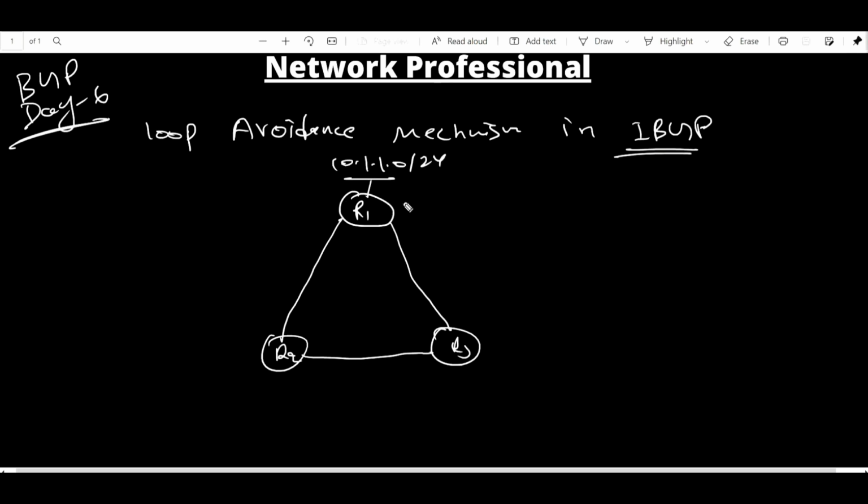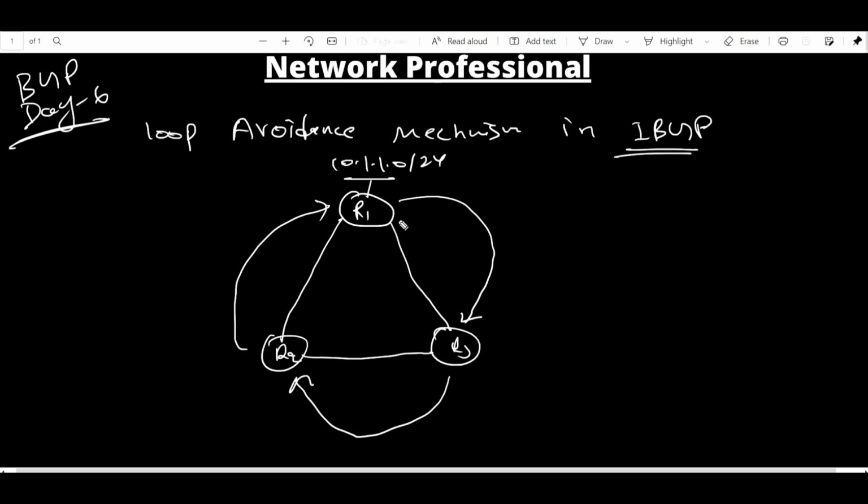So R1 will advertise this prefix to R3, and then R3 will advertise this prefix to R2, and then if R2 advertises this prefix to R1, this is a loop, because R1 is giving an update of 10.1.1.0/24 to R3, and now R1 is receiving the same update from R2, right? So this is a loop.